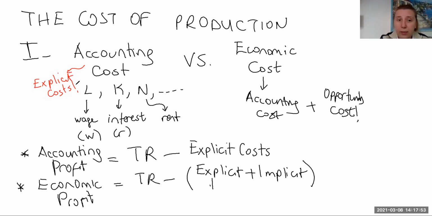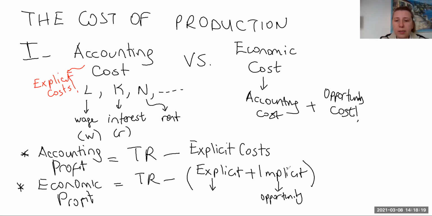Explicit cost, as we said before, is accounting cost, and the implicit cost of the production is the opportunity cost. So the sum of explicit and implicit cost is called the economic cost. So the economic profit simply is the difference between total revenue and the economic cost.